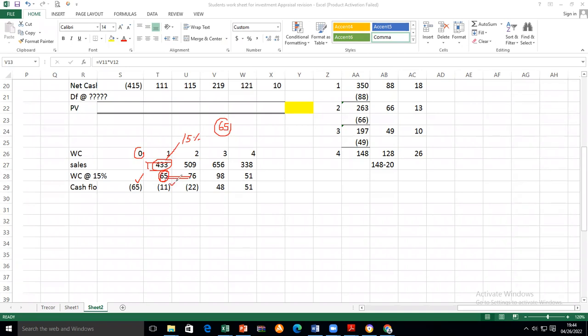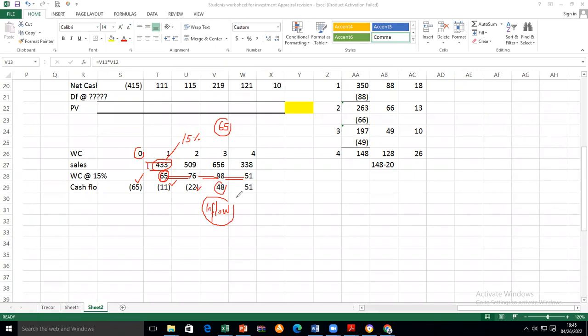We inject it. There, another increase. There, there's a reduction. This reduction will be captured as an inflow.